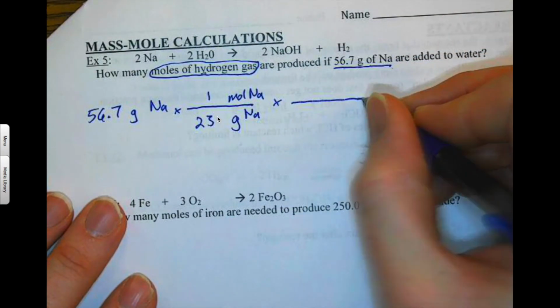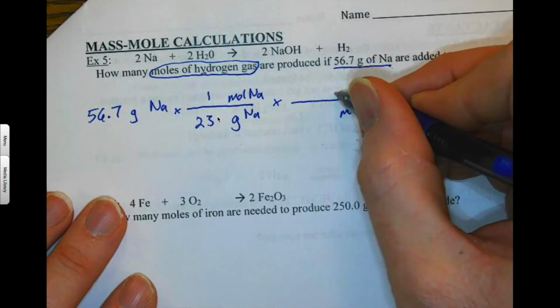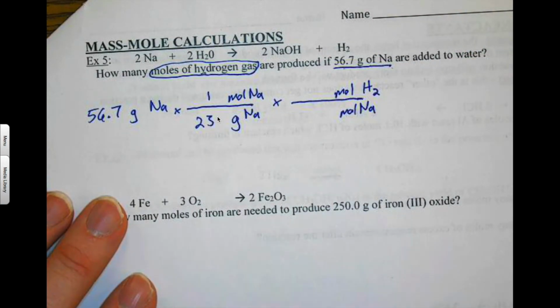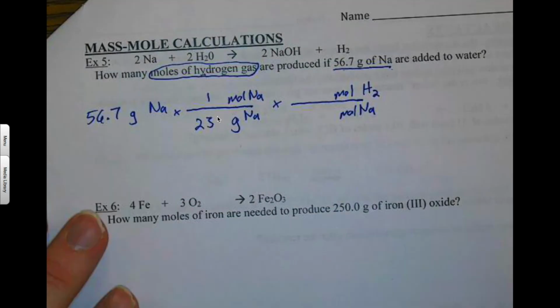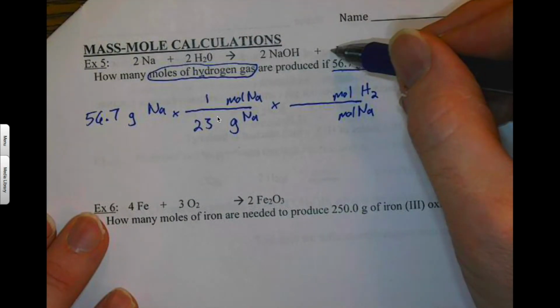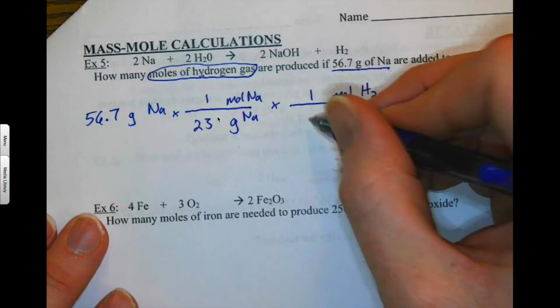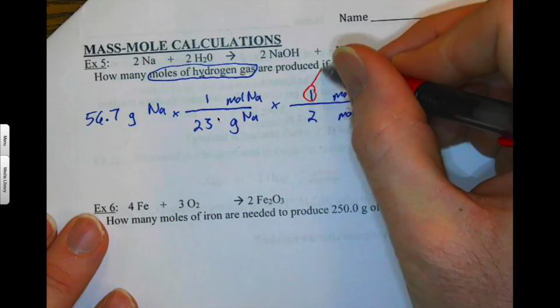And so then we could change moles of sodium into moles of hydrogen gas. So hydrogen gas is H2. The coefficient for hydrogen is going to be 1, and the coefficient for sodium is 2. Again, I got that number from there.